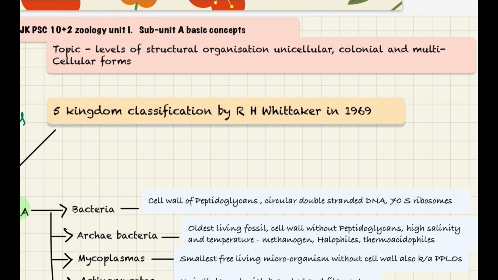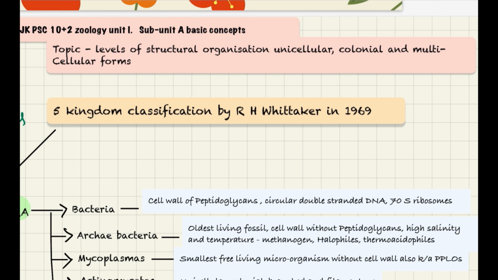It's not just about the animals, and there are two approaches to this. One is to study the unicellular and colonial forms in silos, but that is not the correct and systematic way of studying. Even the questions may not come with that strategy. You cannot directly comprehend, or crack, the questions.